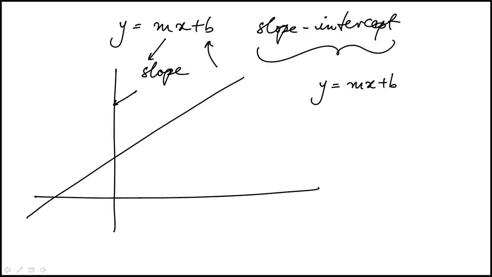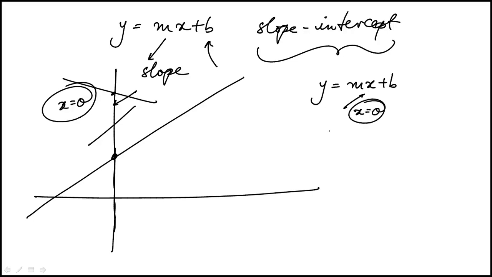Any line that intersects the y-axis, the condition is that the x-coordinate is 0, because for all these points, the x-coordinate is 0. So this point would be when x is 0. You would find that y is b, which means that this coordinate is (0, b). And this is called the y-intercept. And it shows up here.